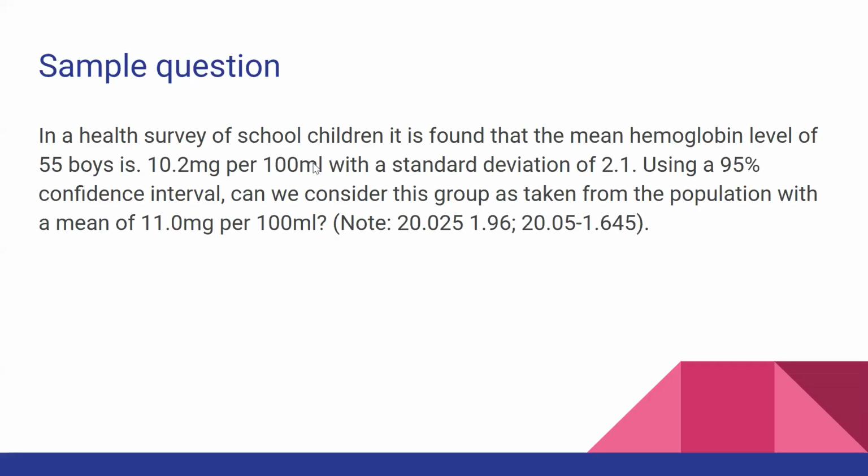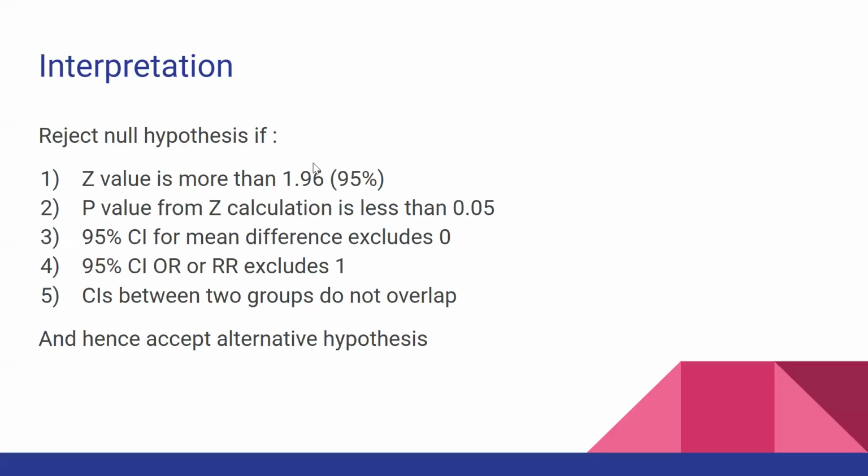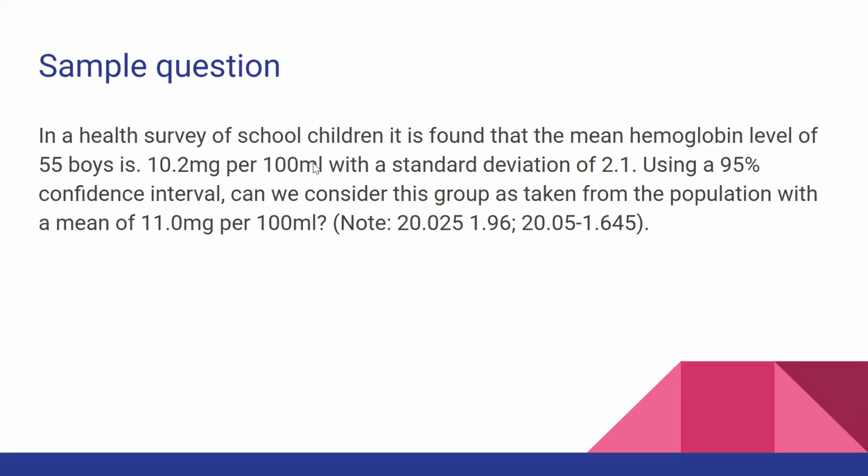So I want someone to use the fourth criteria, which was to interpret. What are we interpreting from this value? Is the sample we are taking from the population mean, or are we having a different population?